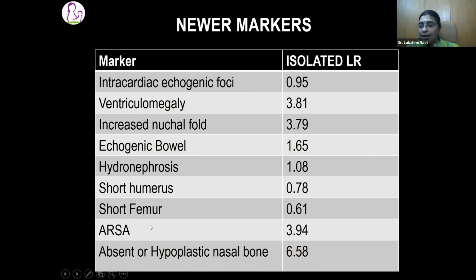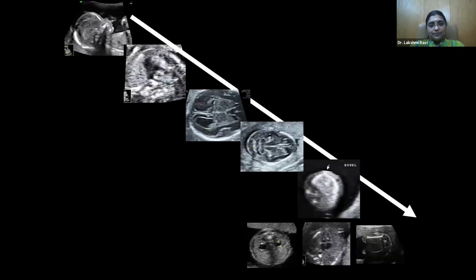You will understand that the absent or hypoplastic nasal bone runs a very high risk, with an isolated likelihood ratio of somewhere around 6.5 in the mid-trimester. And you also see the addition of new markers like the aberrant right subclavian artery and ventriculomegaly, and all others are the same. You see that the nuchal fold does not carry the same weightage as it carried earlier, so the markers of importance now are like this.